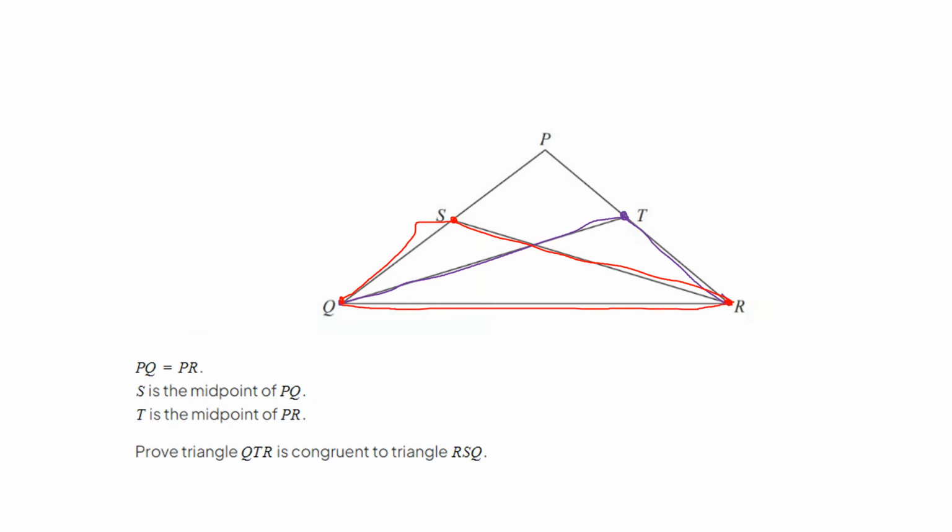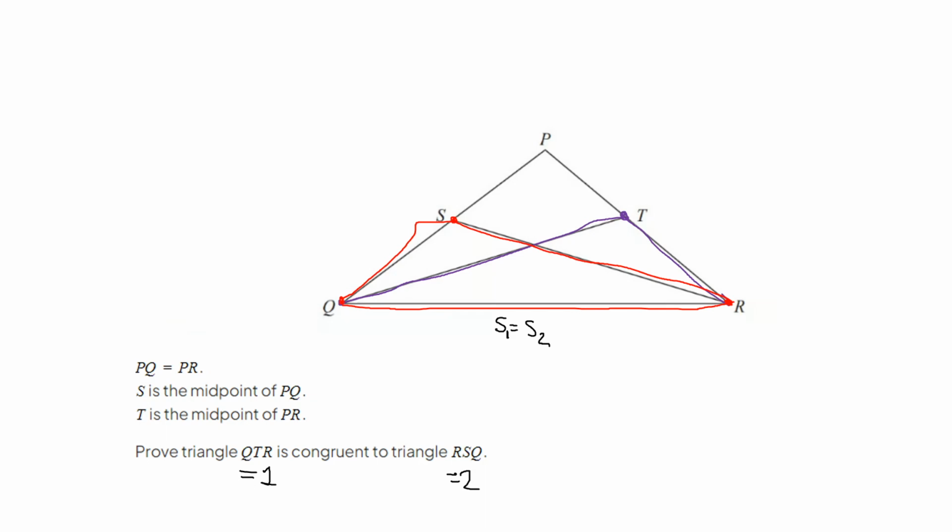So we can see right off the bat that this side is equal. I'll call this triangle 1, and then this is triangle 2. We can see that side 1 is equal to side 2 because it shares the same side, right?